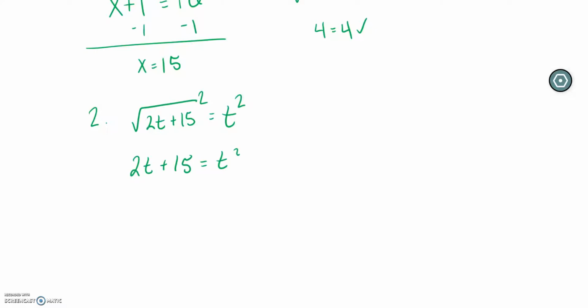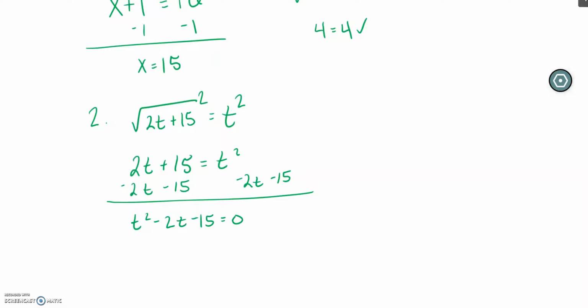Anytime you get a variable that has an exponent on it, now we're dealing with quadratics and different styles of solving. So we're going to move everything over to the same side, because when we solve quadratics, we want it set equal to 0. You can still see that where t squared is, it's negative 2t, negative 15.